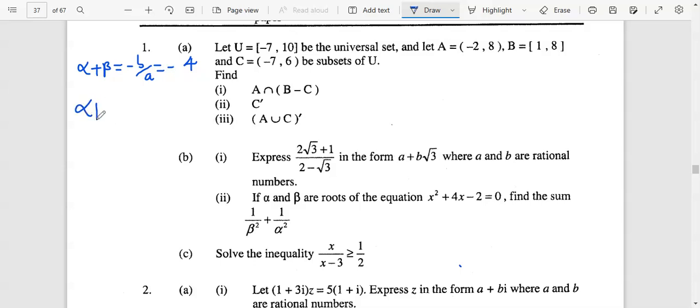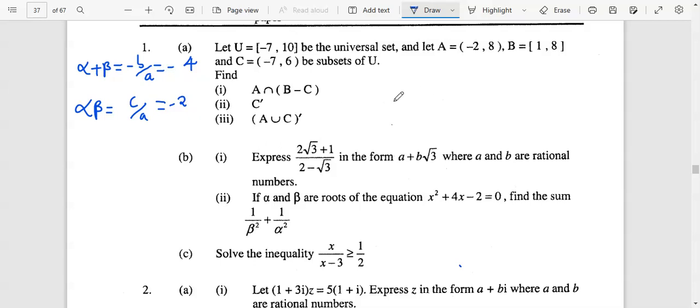And then we also find alpha times beta, which is given by c over a. C in this case is negative 2 divided by a, which is 1, so negative 2 over 1, that's basically negative 2.